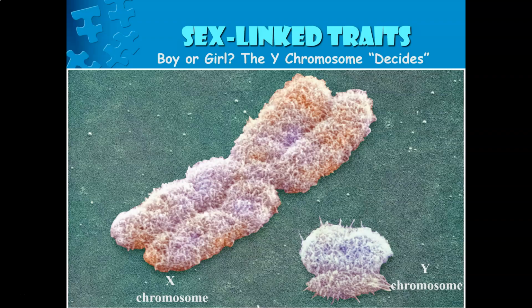So first and foremost, take a step back and remember your chromosomes, right? So when we look at a karyotype in a human, we're talking about 1 through 22 that are your autosomes. So that's where the vast majority of your genetic information is stored. But your 23rd pair is what ultimately determines whether you will be male or female.